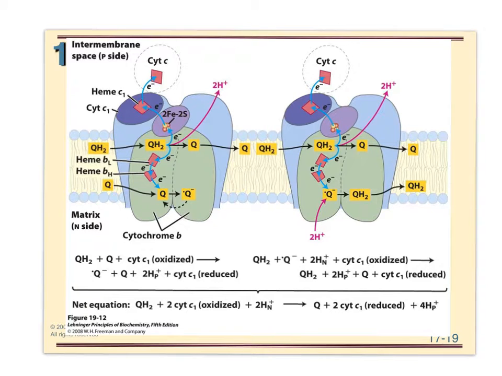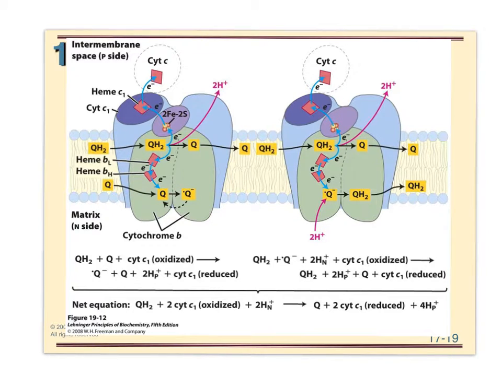Remember, the coenzyme Q has three states. There's the ubiquinol, which is fully reduced. There's ubiquinone, which is fully oxidized, and then that semiquinone state, which has one electron, so technically it's a radical. That semiquinone state is the one that's got that Q dot minus. Q, when it's just the Q, means that it's oxidized. When it's got QH2, it's reduced.